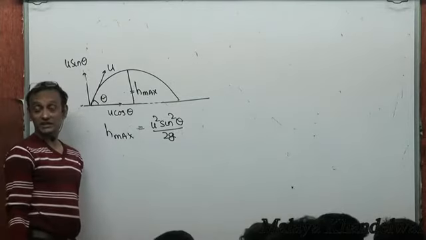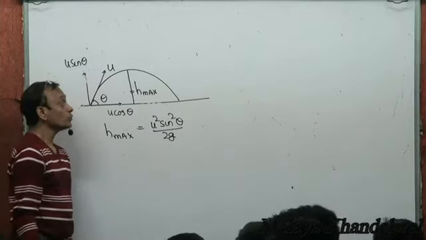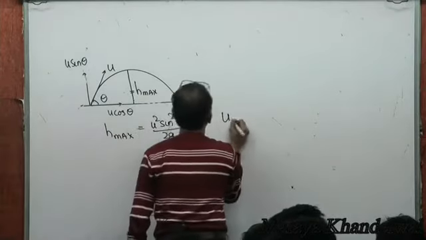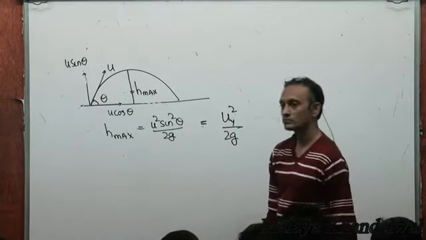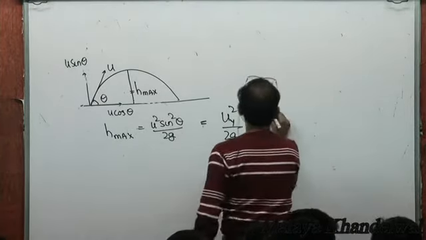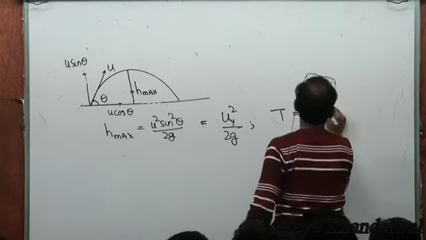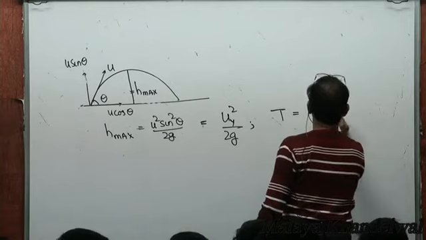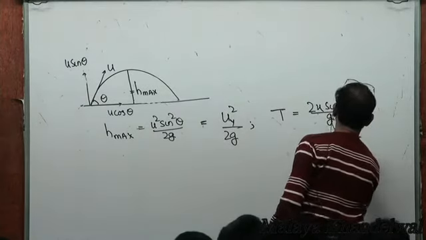That's the maximum height attained, which is initial vertical velocity squared by 2g. The total time of flight is 2u sine theta by g, which is twice initial vertical velocity by g.